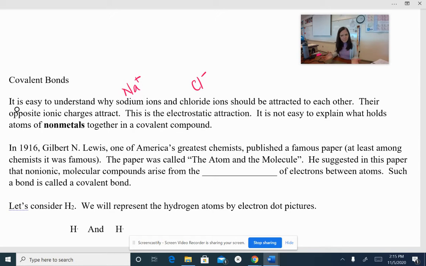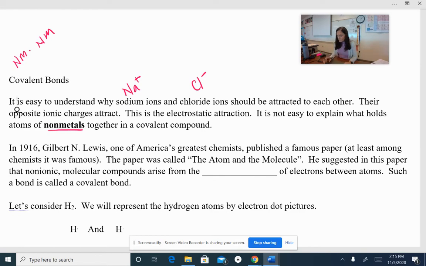So that opposite charge attraction is the electrostatic attraction. It's easy to explain that. But how do we explain how nonmetals make a covalent bond? When we make covalent bonds, we are making a nonmetal to nonmetal bond. Metals do not participate in covalent bonds. It's always nonmetal to nonmetal.